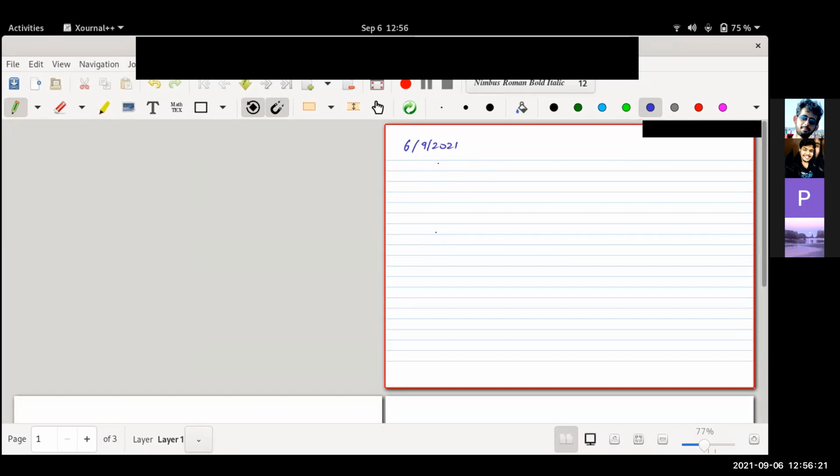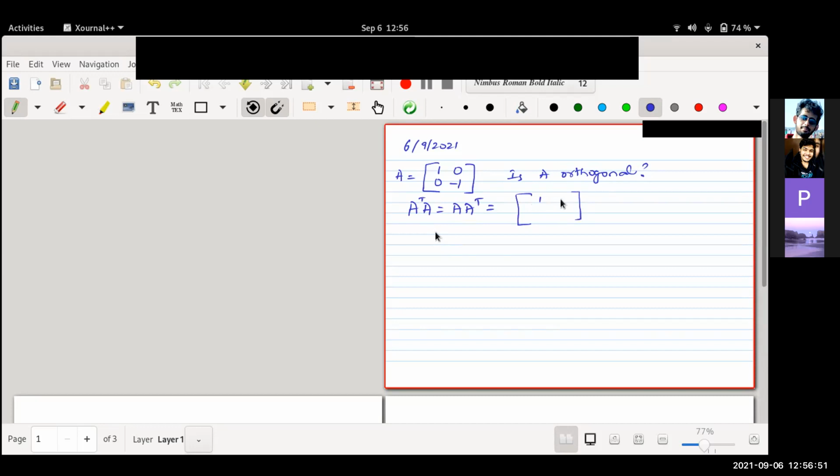So if you look at the 2 cross 2 matrix, 1, 0, 0, -1, is this matrix orthogonal? How will you check? What is A transpose A? Can one of you tell?